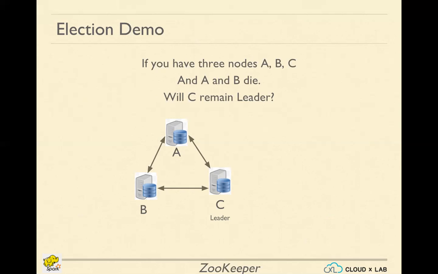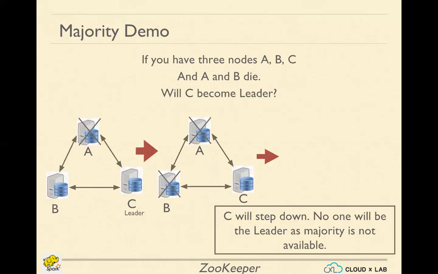C will step down and nobody will be the leader as majority is not available. The cluster will become read only.